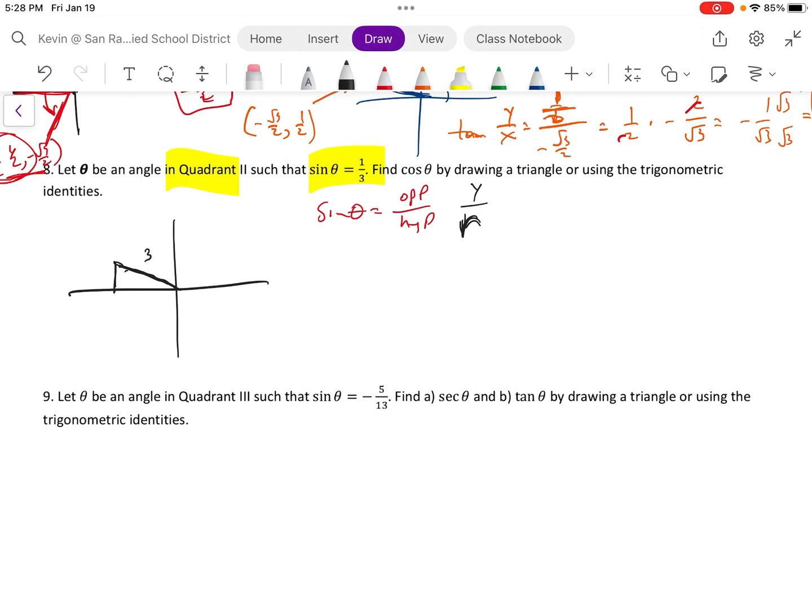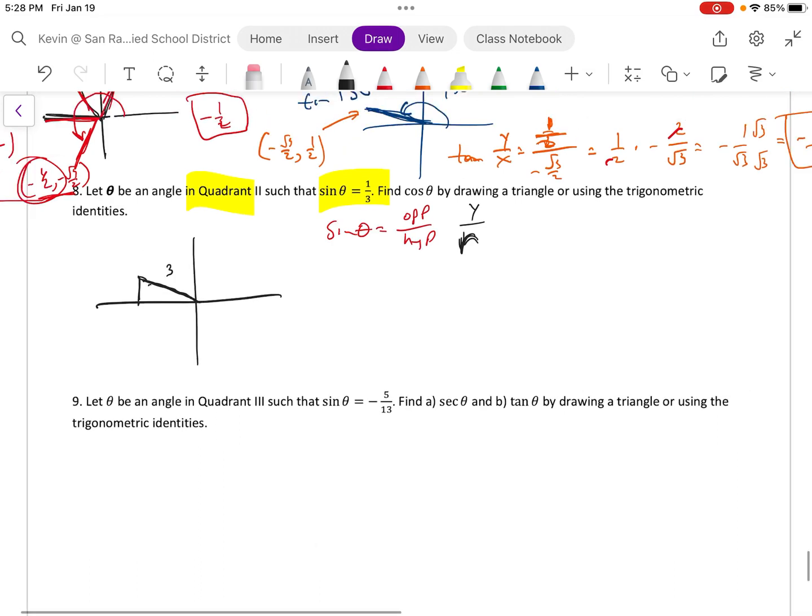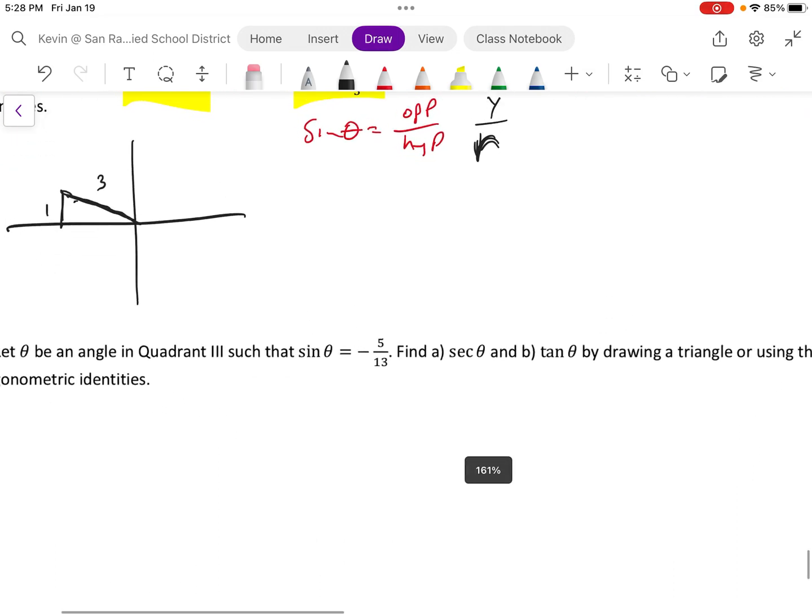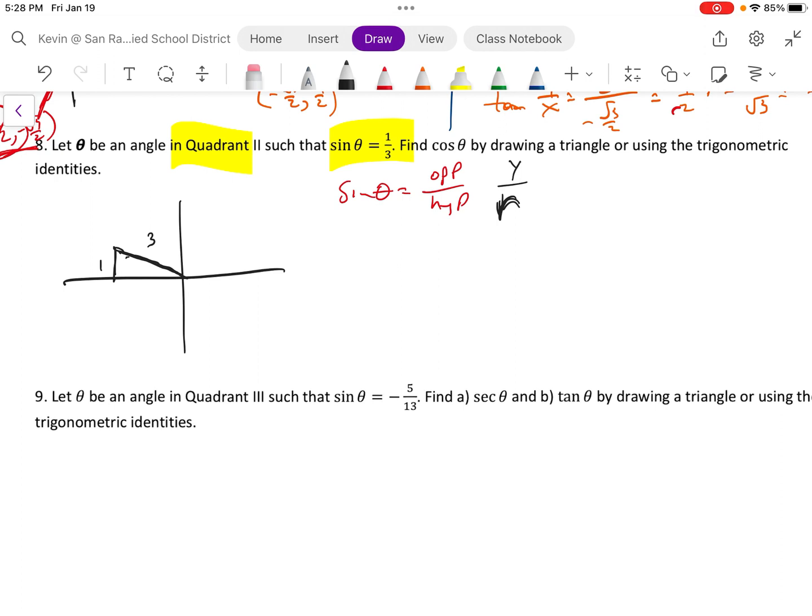So we know this is 3, that's our radius, hypotenuse. Our opposite is 1. We need to know what is our x. So we go x squared plus 1 squared equals 3 squared. X squared plus 1 equals 9. X squared equals 8. X equals square root of 8 equals the square root of 4 times the square root of 2 equals 2 root 2 plus or minus.